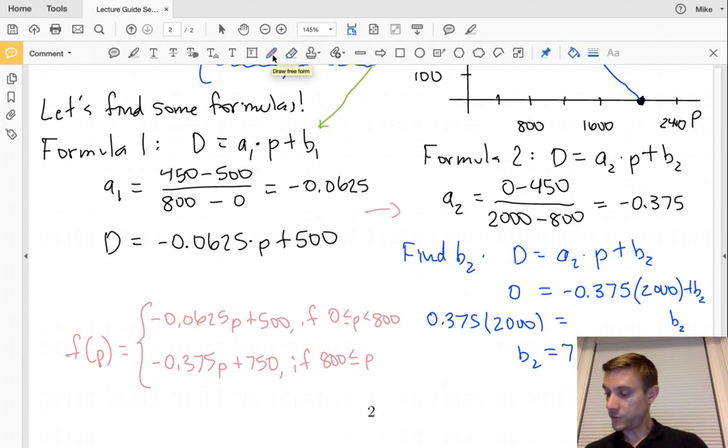Just to give a little more space so this isn't crowded here, up until 2000, where that price crashes down into the horizontal axis and demand is 0. Okay, so I'll draw my little arrow over there just a little less prominently.